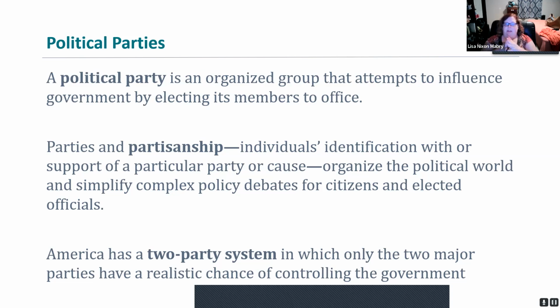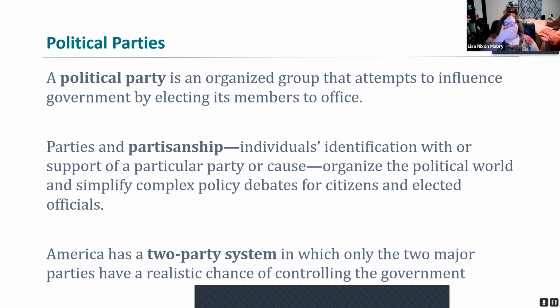So Republicans try to elect other Republicans that fit their agenda. Democrats do the same. That's their main focus, to get more people of their beliefs into office, because they believe that is the best direction for our government. That's why they believe the way they do. So that's a political party.